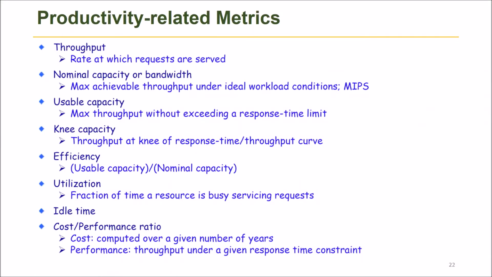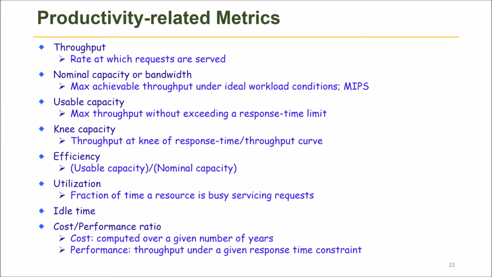In this slide, we present some common performance metric definitions. Throughput, rate at which requests are served. Nominal capacity or bandwidth, max achievable throughput under ideal workload condition, for example MIPS. Usable capacity, max throughput without exceeding a response time limit.